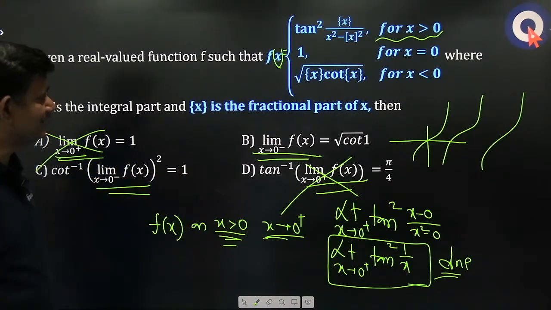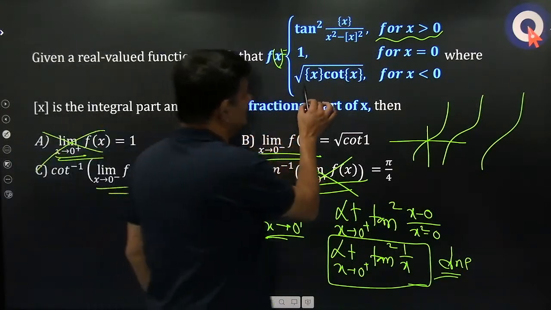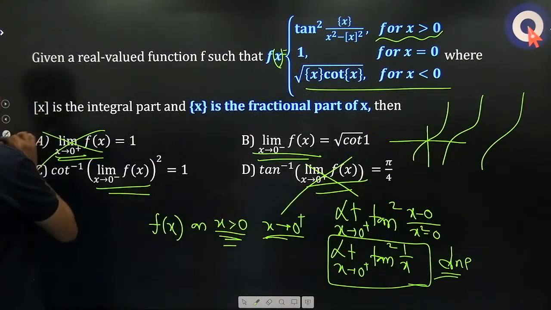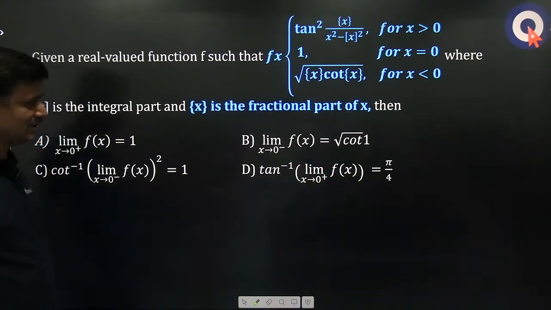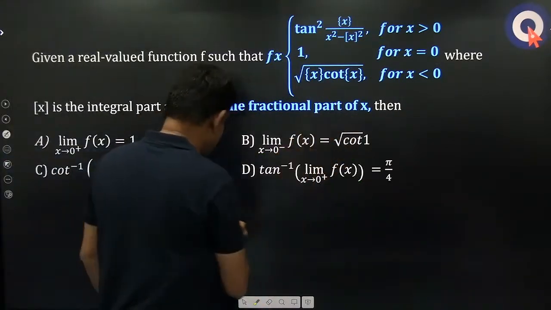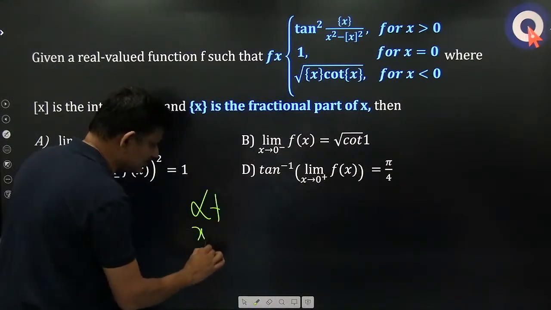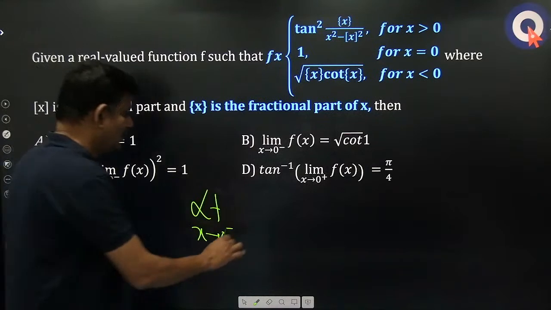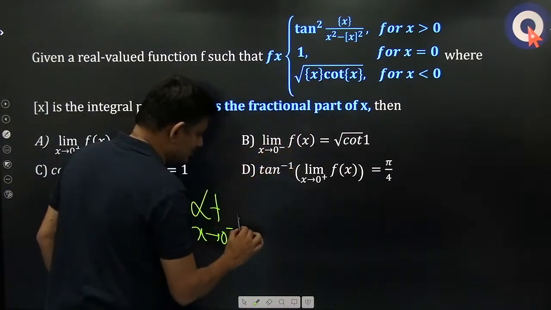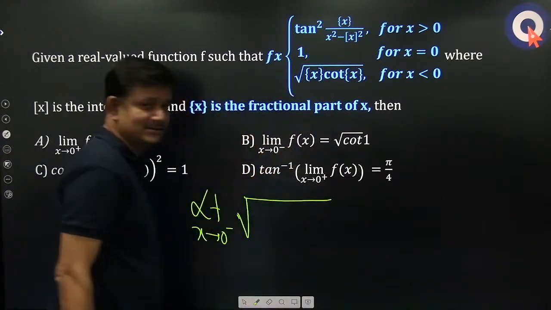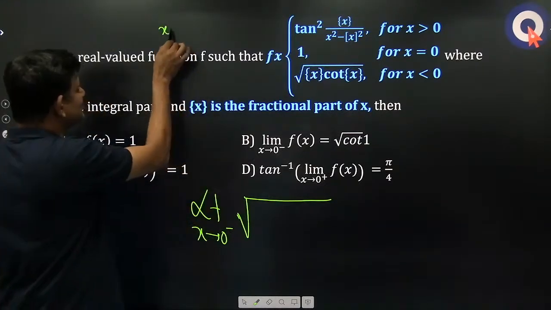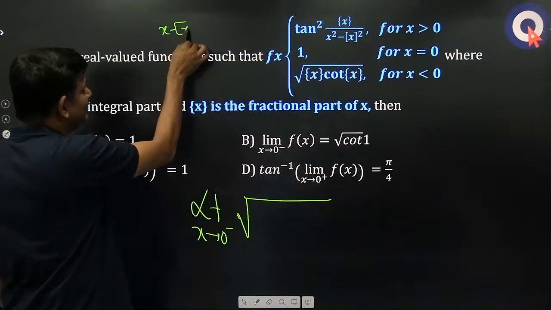Now what else is left? x less than 0. What can we say in this particular case? x is less than 0, that means I am talking about limit x tending to 0 minus. The function is, of course, this particular one, because x is less than 0. Fractional part of x, what is it? x minus integral part of x.